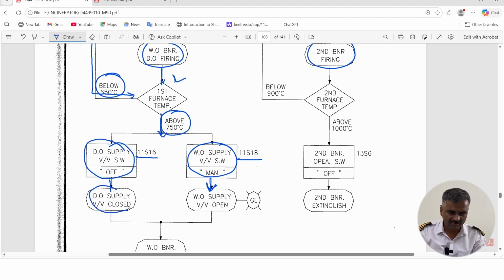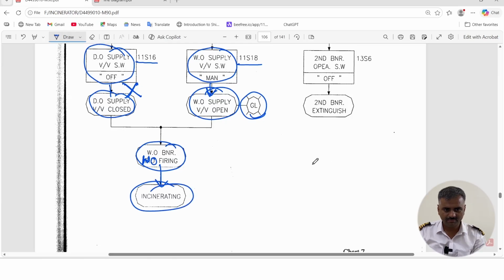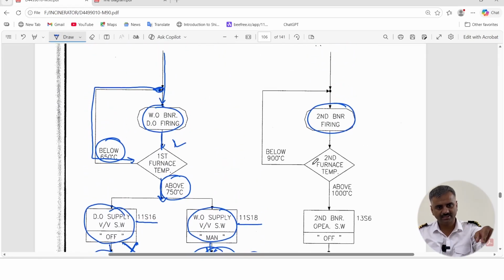The DO supply valve will close and the waste oil supply valve will open, the green lamp will glow, and the waste oil burner will keep firing on waste oil. It is written wrong over here. Incineration will keep taking place until the temperature drops again to 650 degrees centigrade.